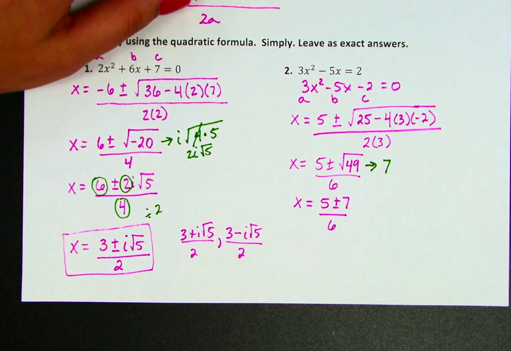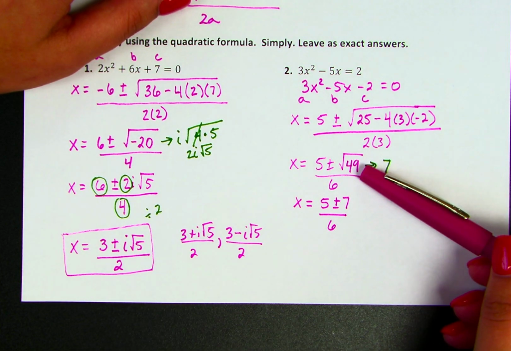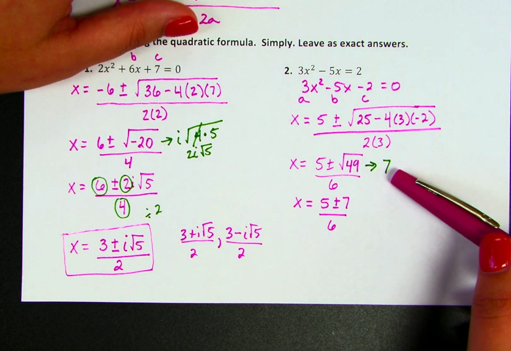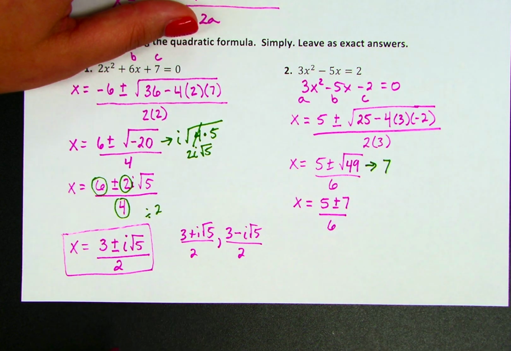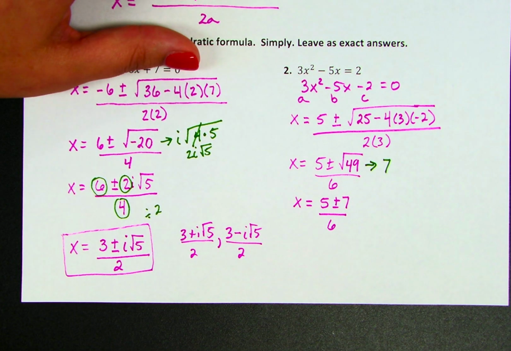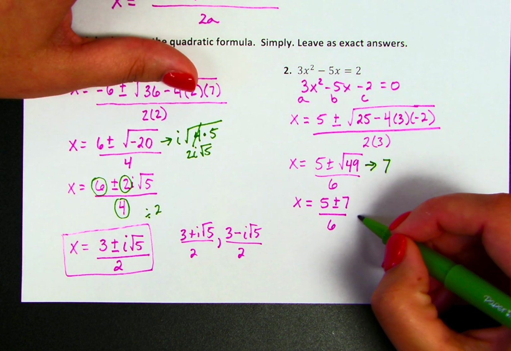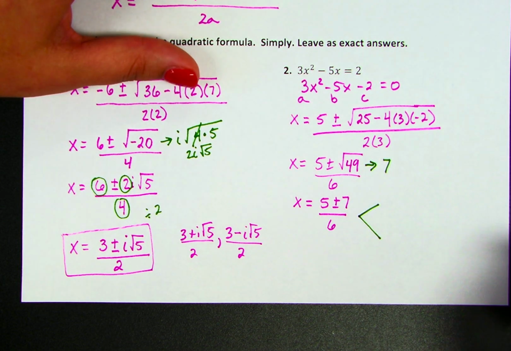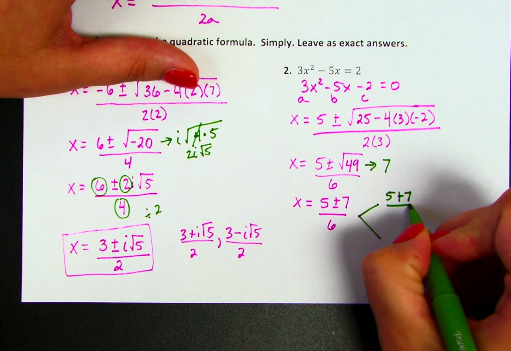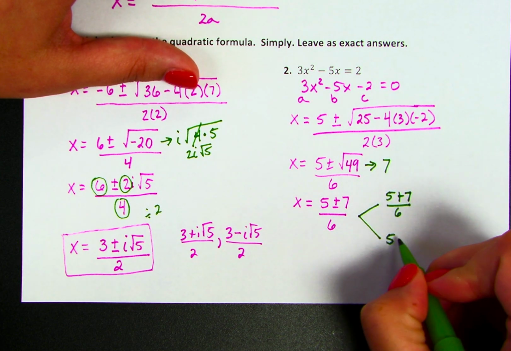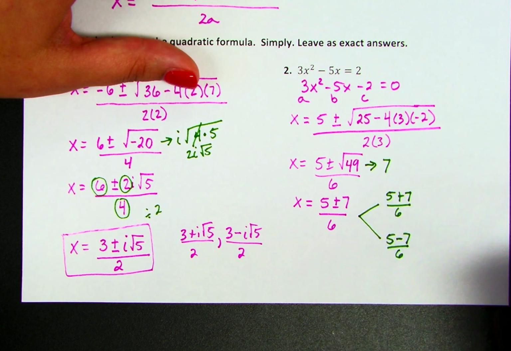Okay. Now, if we have the case where this radical simplifies to a real number, so without an i, that means that we can simplify this further. So next, I would need to split this into two separate problems where we are going to simplify 5 plus 7 over 6 and then 5 minus 7 over 6.